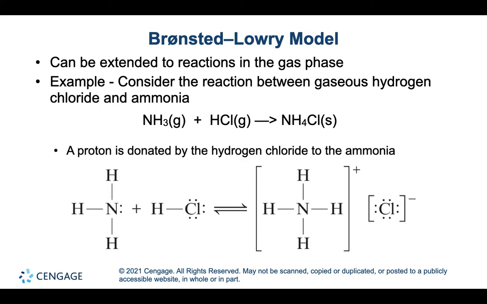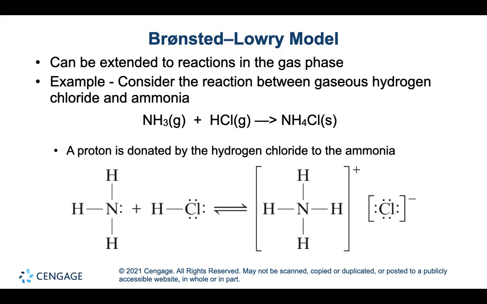Well, you could actually look at those two gases coming together and making a solid as an example of an acid-base reaction, because NH3 has that lone pair on the nitrogen. H could attach to NH3 using that lone pair to become NH4 plus and then Cl minus.